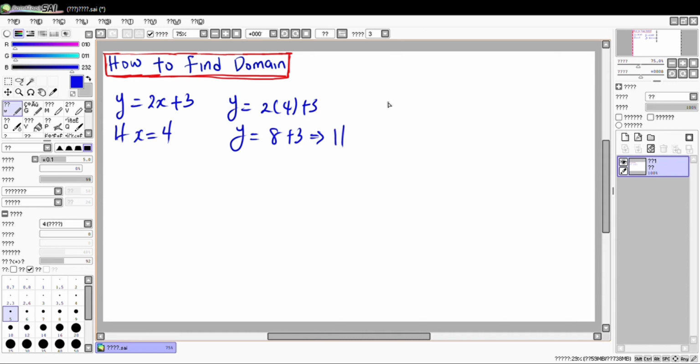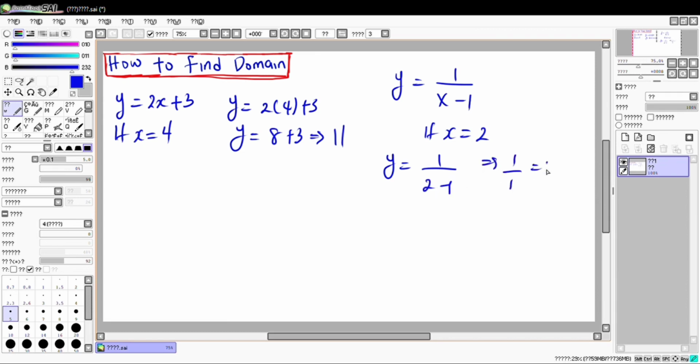When is a function said to be non-defined? Suppose you have a function y equal to 1 over x minus 1. If x is equal to 2, you have y equal to 1 over 2 minus 1, and that will give us 1 over 1, which is 1.